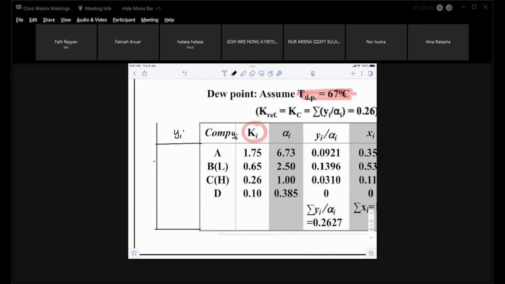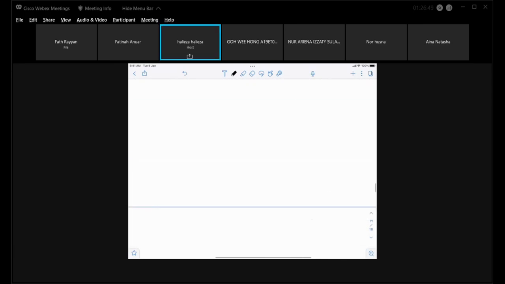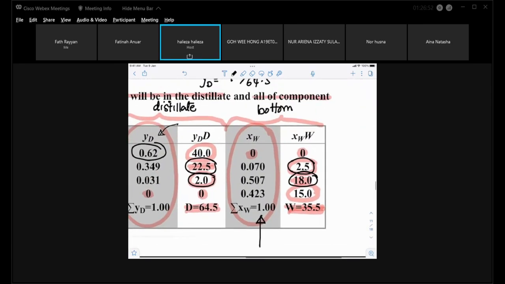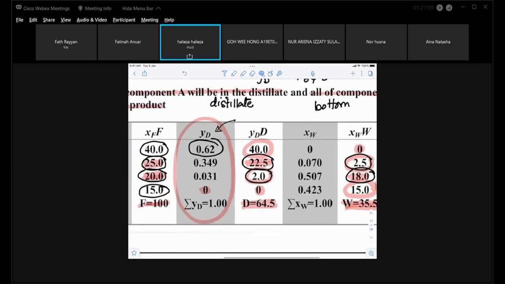Okay, my component, I can easily just copy it. I still forgot that I have the facility to copy and paste. I should just copy it and bring it over. No, I'm not looking at the bottom. I'm looking at the distillate.